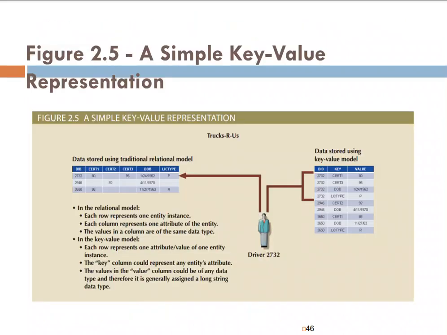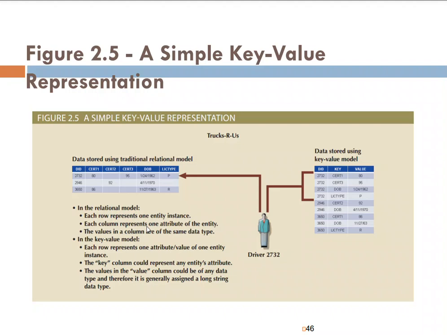So let's look at this one. Okay, a simple key value representation. So data stored using traditional relational model, and this one is data stored using key value model. Okay, kalau yang ni, in the relational model, each row represent one entity instance. Okay, yang ni yang kita go through before, previously.